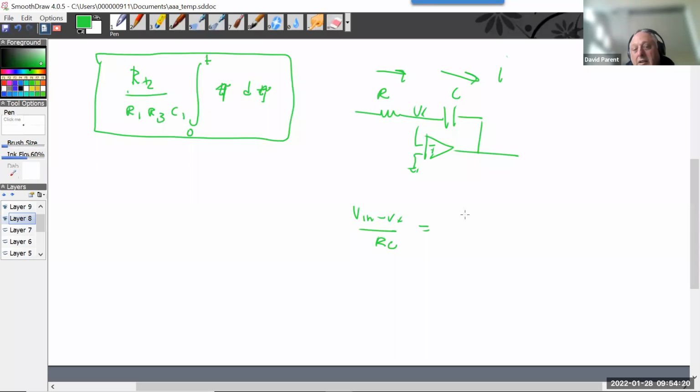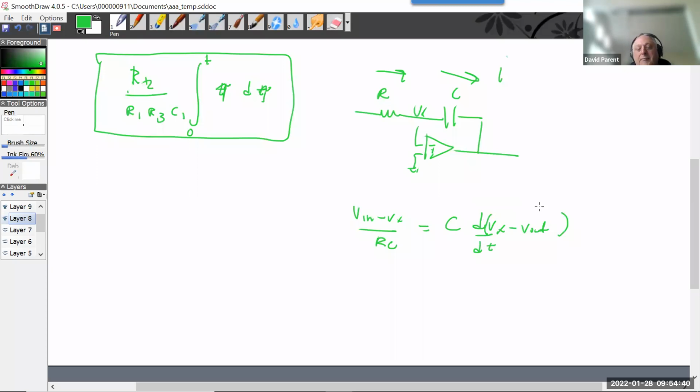Well, the current in a capacitor is what? It's C dV dt, right? But what is the voltage, right? It's actually Vx minus V out.